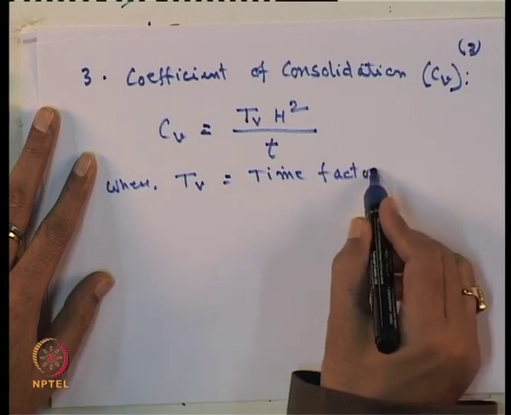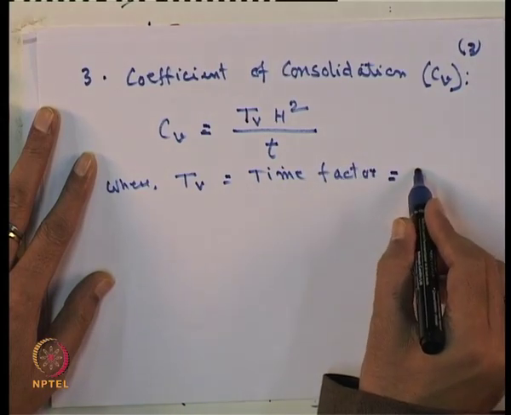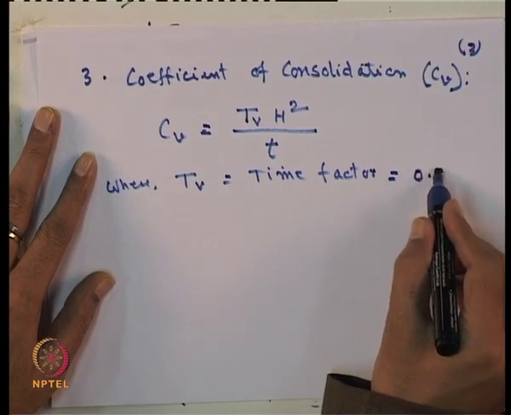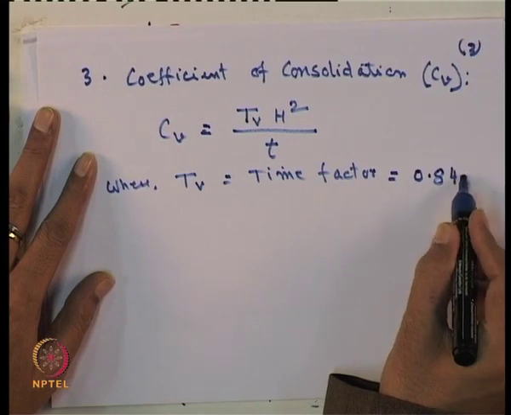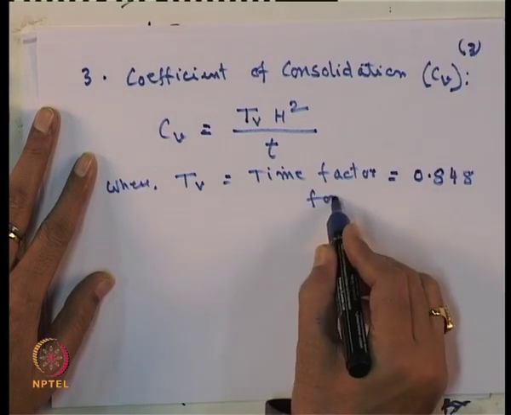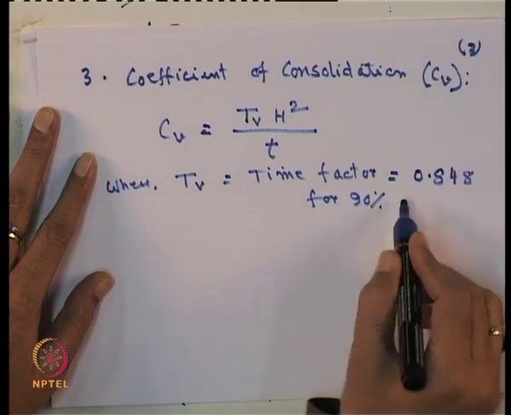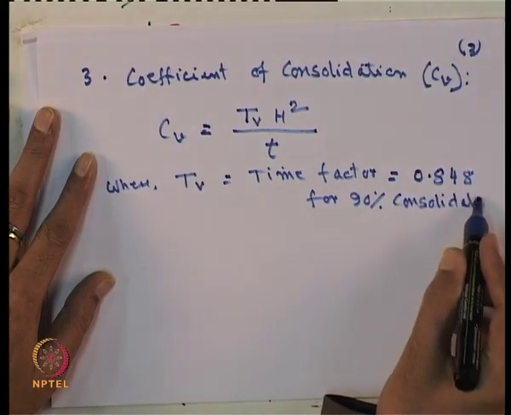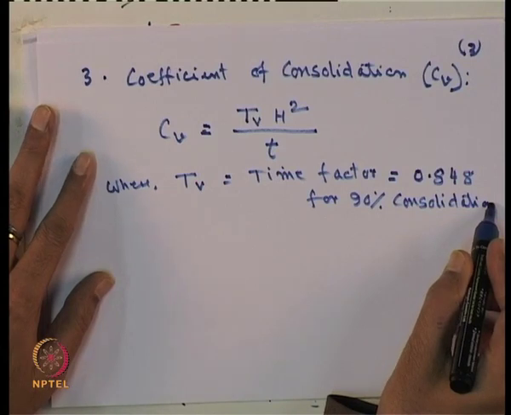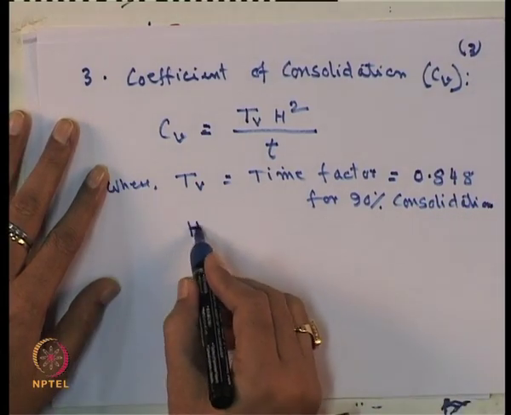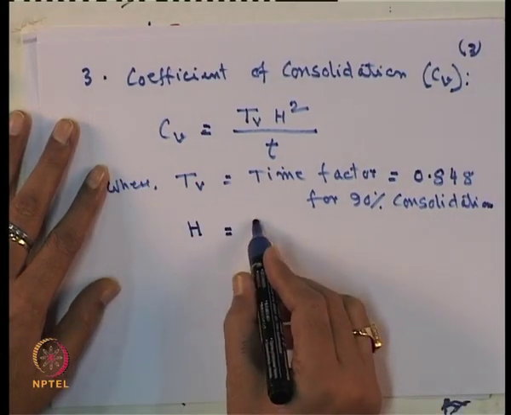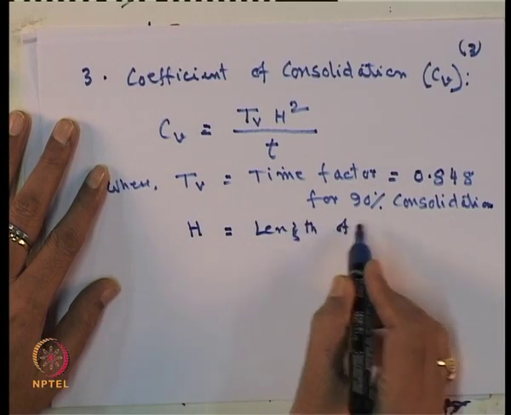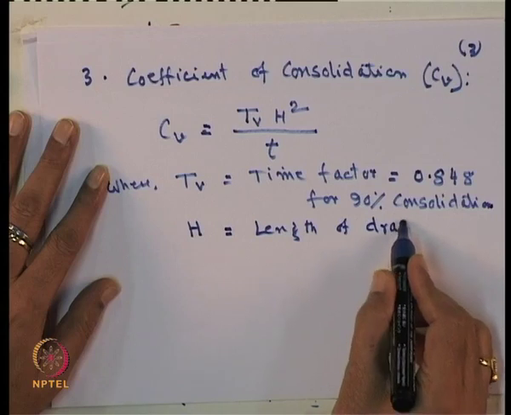So, this time factor, let us say for 90% consolidation, this Tv value will be 0.848, and this is for 90% consolidation. Okay. And H is equal to the length of the drainage path.